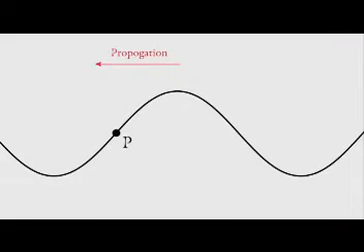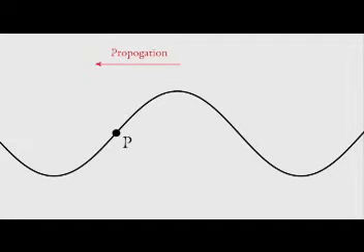A popular physics question asks, if a wave is propagating to the left, what direction is point P moving? We know that since it's a transverse wave propagating to the left, the particles can only be vibrating up and down.